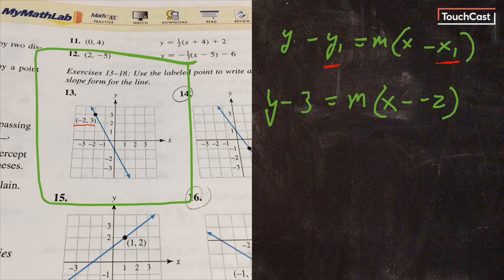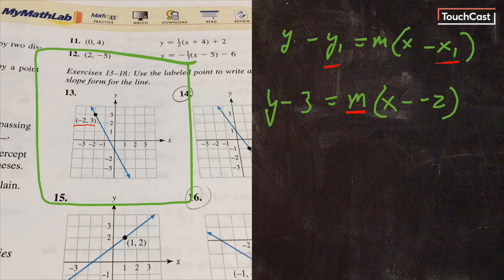Now let's keep going. We still don't know this piece right here, m. We don't know the slope, but we're given a point on a graph and a line that's already drawn for us. So we could figure out the slope based on a couple of points on this line. Let's look at the line.